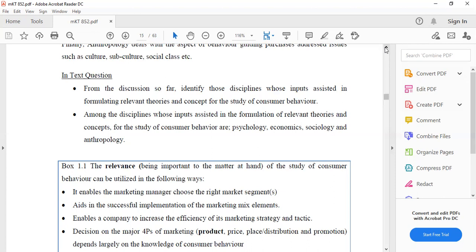And as a matter of fact, when we are talking about marketing mix elements, we are rather talking about a mixture of products, price, distribution, and promotion in such a manner that it will suit a particular segment of the consumer's action.